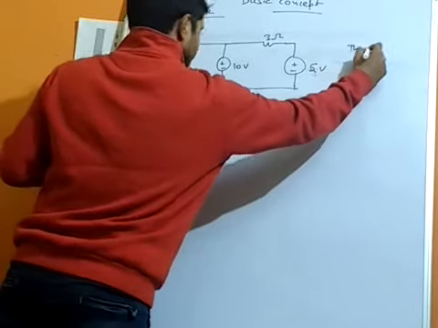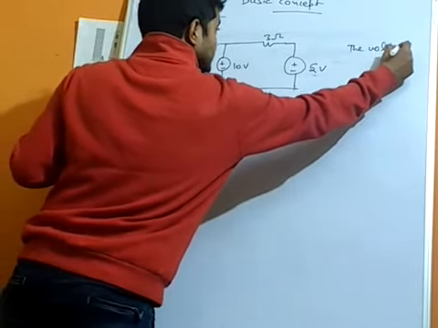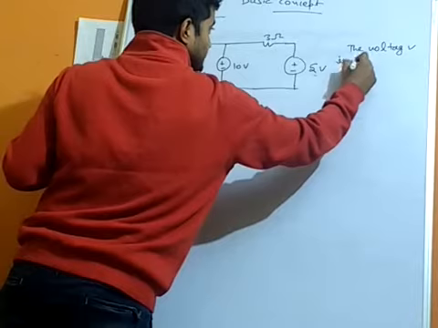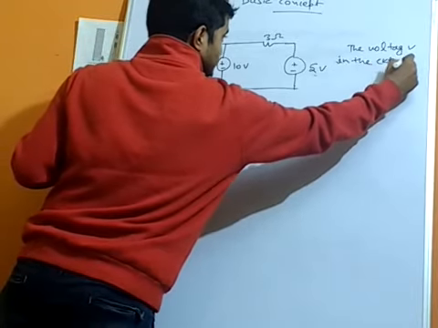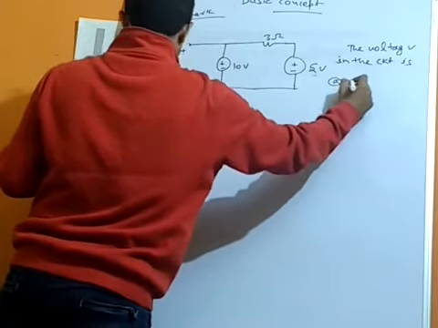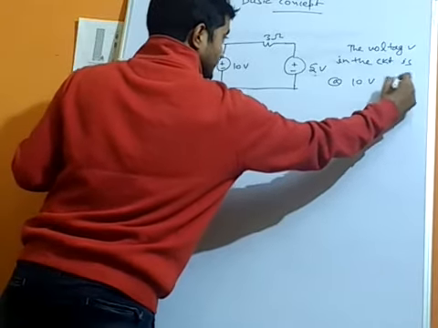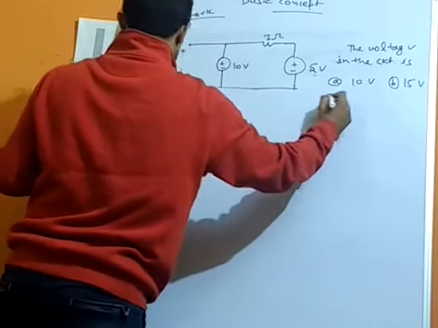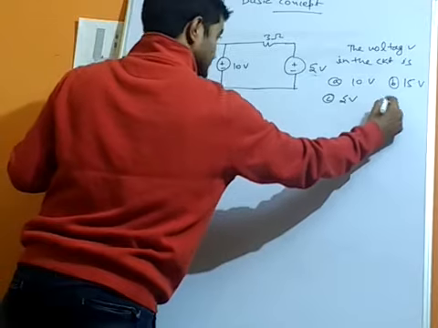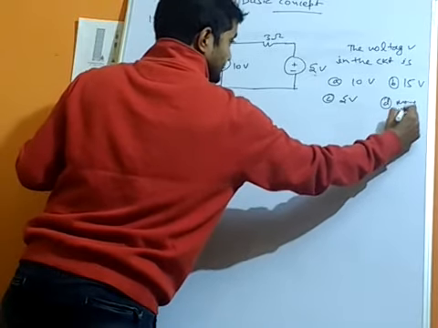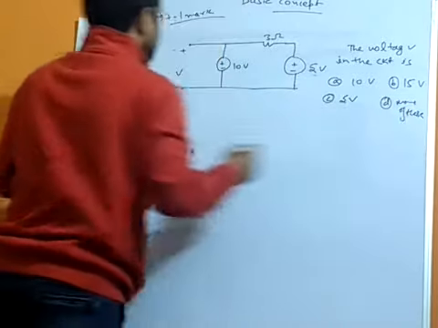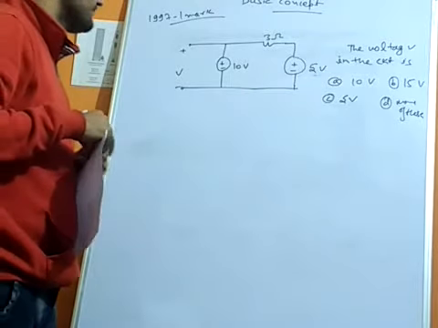The question is: the voltage V in the circuit is? Options are 10 volt, 15 volt, 5 volt, none of these. So this is the question that we have.